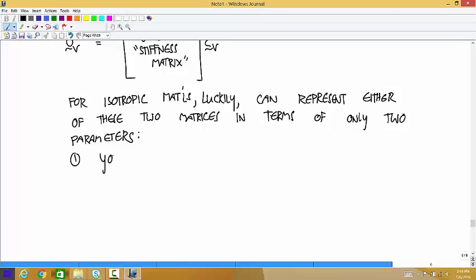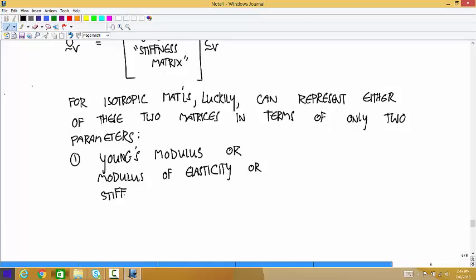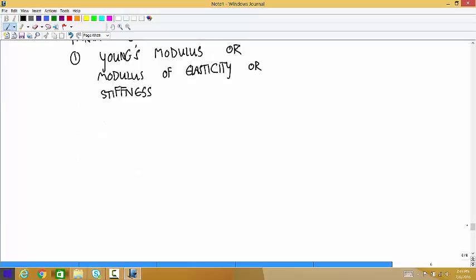The first one is called Young's modulus, or the modulus of elasticity, or just the material stiffness. It's represented as a capital E, even though, I guess it's probably the E for elasticity.